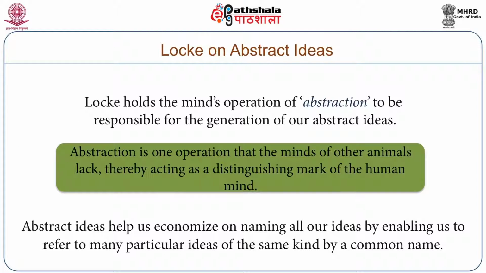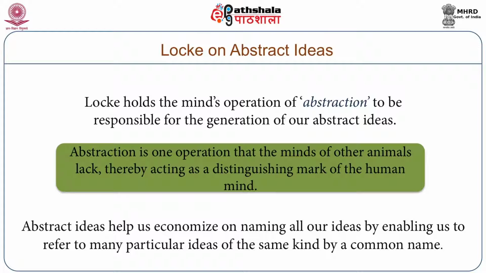Locke holds the mind's operation of abstraction to be responsible for the generation of our abstract ideas. Abstraction is one operation that the minds of other animals, brutes, lack, thereby acting as a mark that distinguishes human beings from animals.